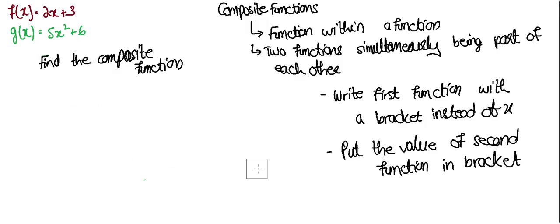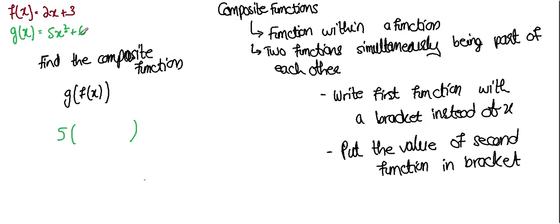Let's say you were given find the composite function of g of f of x. Now what do we have in front of us? We have different types of functions, but it's the same composite function, right? First things first, let's write what we know. 5, then leave the space.